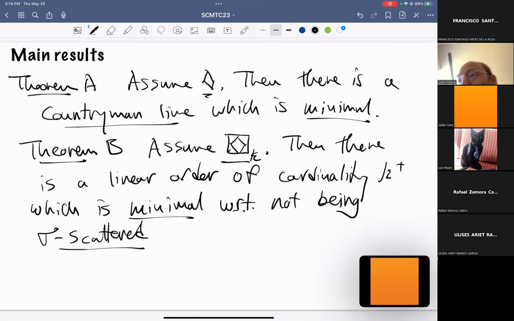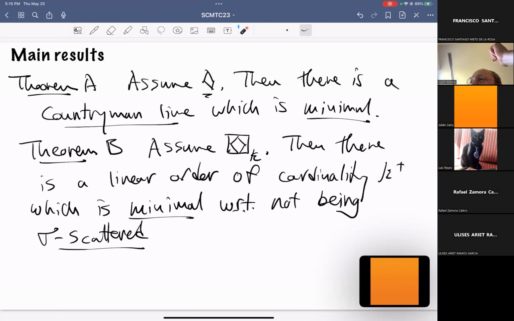So the second theorem says assume this so-called square with the built-in diamond. This is a principle that holds if V equals L. It's something that you can force with a relatively nice forcing, and if you know what square says, it's a square sequence working together with a diamond sequence.